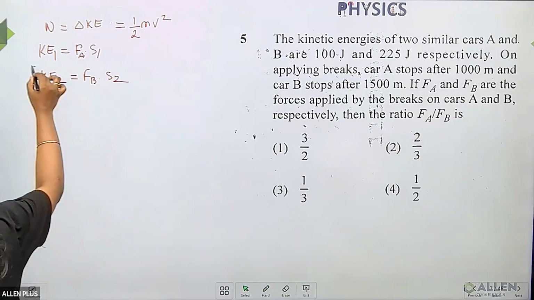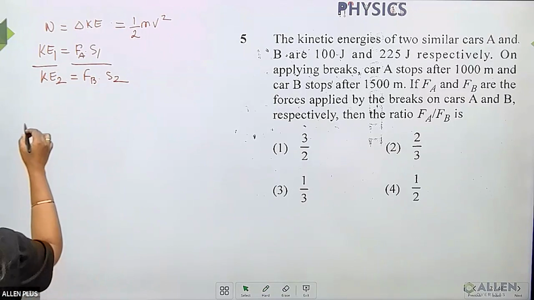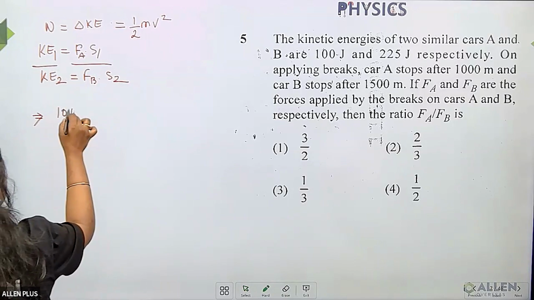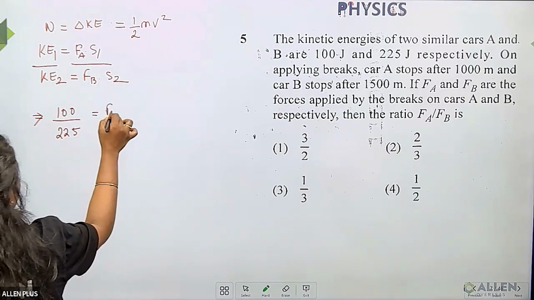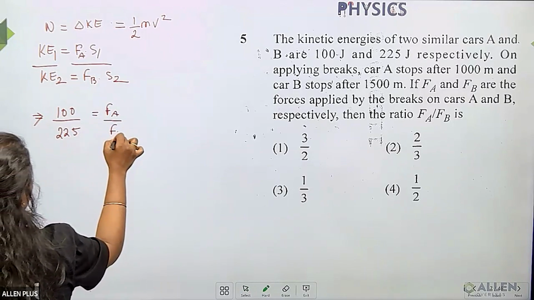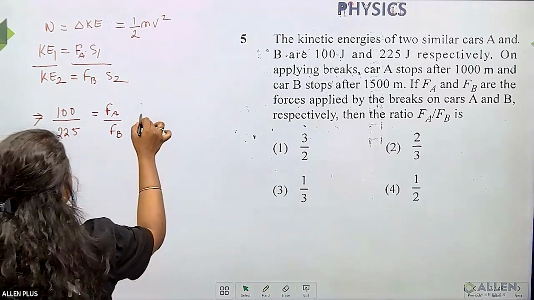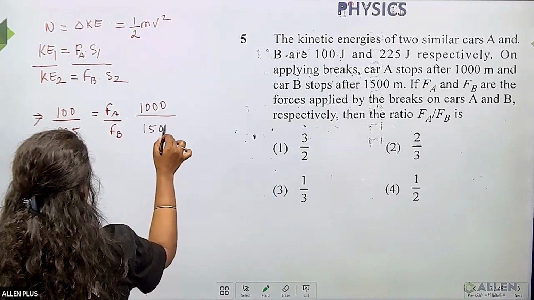All we can do is take the ratio of both the values. So from here, what is the first kinetic energy value given over here? It's 100 divided by 225. This will be equal to FA divided by FB. And what is the stopping distance mentioned over here? 1000 divided by 1500.